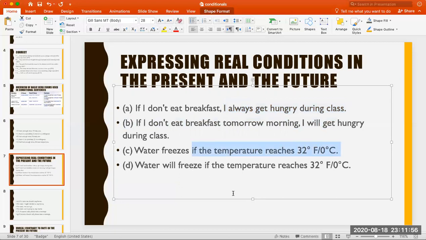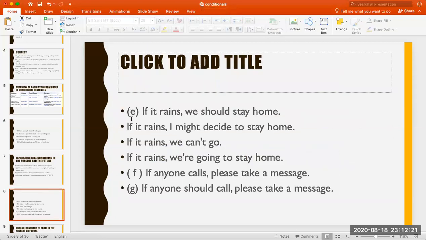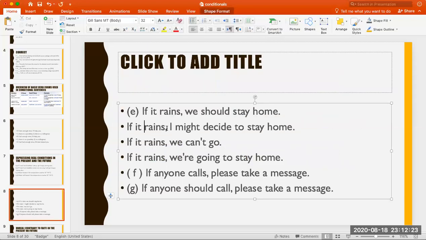If the temperature reaches 32 degrees Fahrenheit or 0 degrees Celsius, water freezes, or water will freeze, both, but this is more common. So this is the first part of the first rule of if. Again, if it rains, we should stay at home.